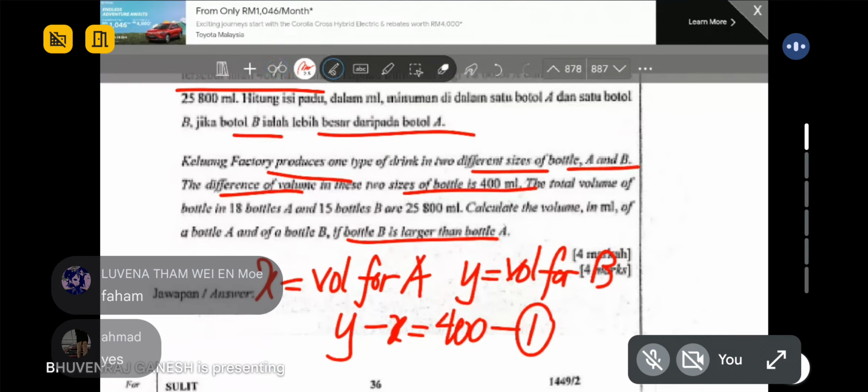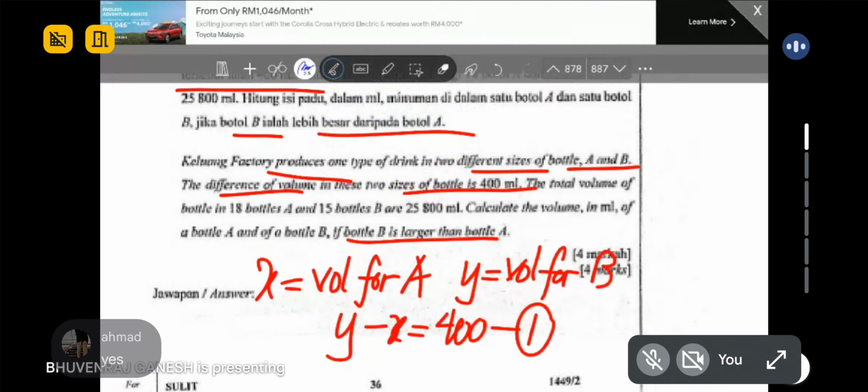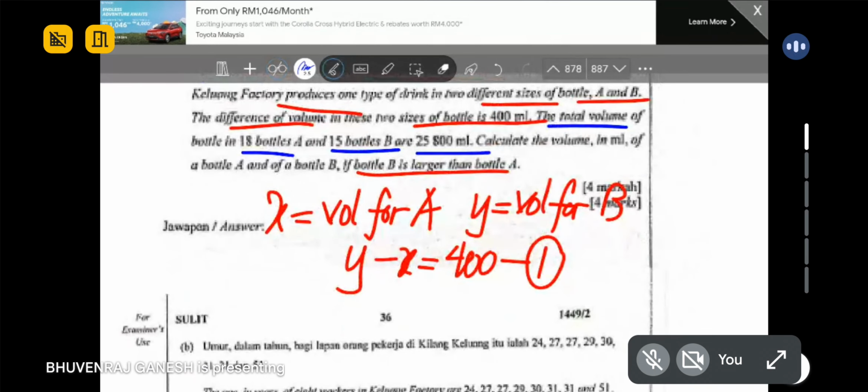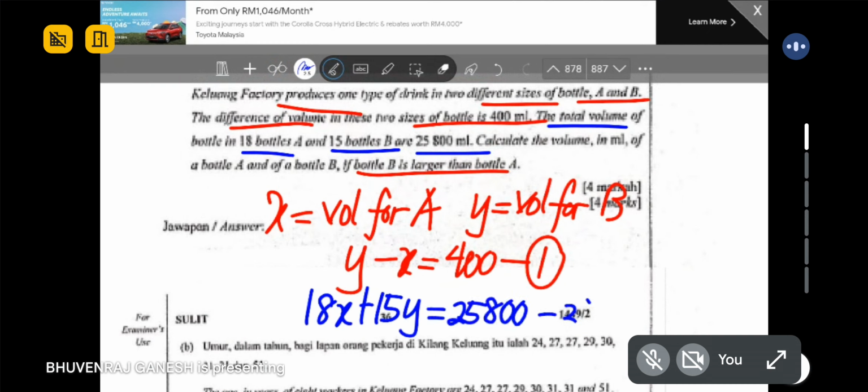All right, second one. You see over here, total volume 18A and 15B 25,800. Dia cakap pasal jumlah 18A, 15B 25,800. So 18X plus 15Y equal to 25,800. Second equation, persamaan kedua. So you guys use substitution lah, penggantian.